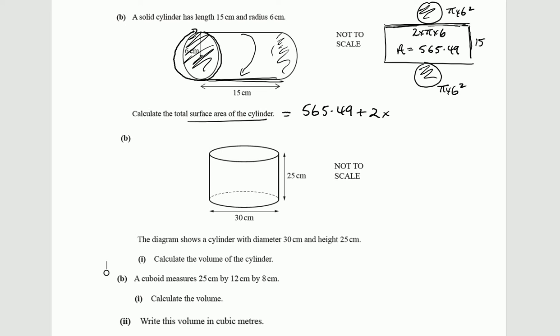The circle areas are pi times 6 squared, which comes out as 113.10. So putting all that together, I'm getting a grand total of 791.68. So I'll write that as 791.7 to 1 decimal place.